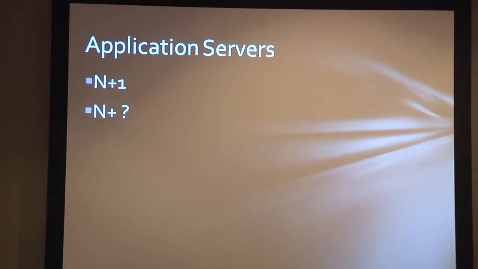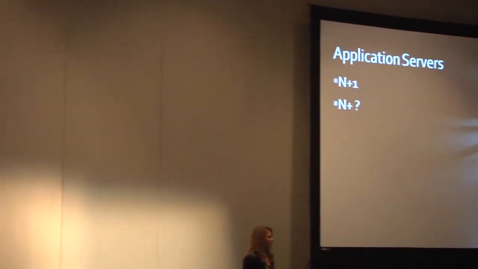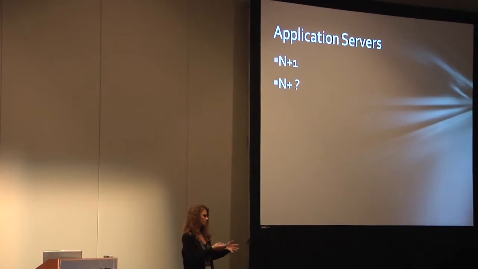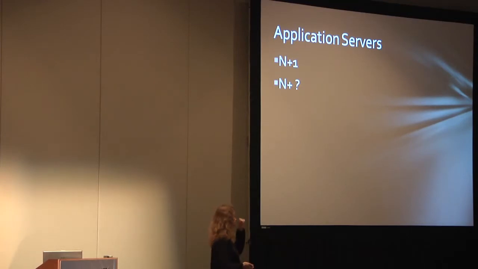And then application servers. We always publish applications in an N+1 fashion. So even if an app only has 20 users, we're still going to deploy 2 servers for that, so we can do maintenance. If there are problems with that system, we're not taking out our user community related to that application.